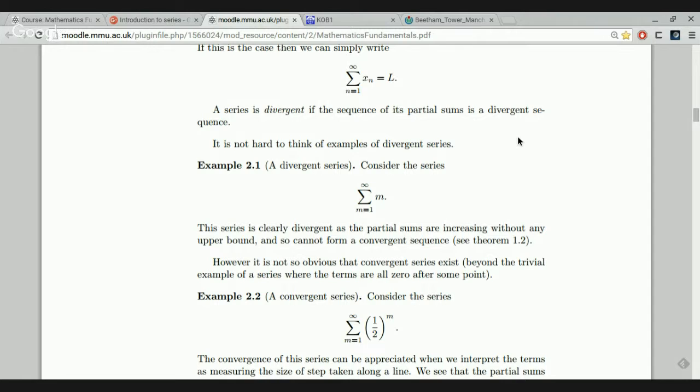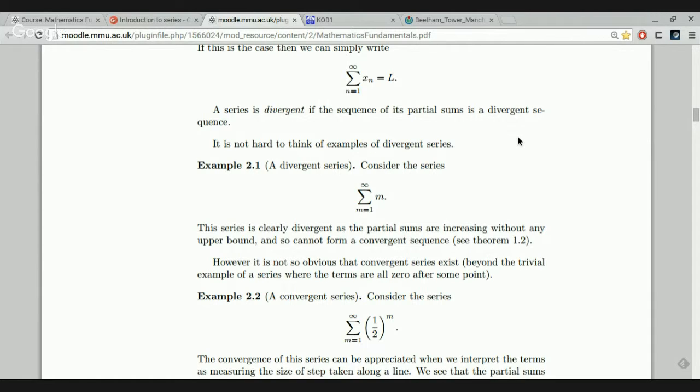Without too much difficulty, we can track the values of the partial sums of that series. So here we're looking at the series from n equals 1 to infinity of 1/2 to the power of n.